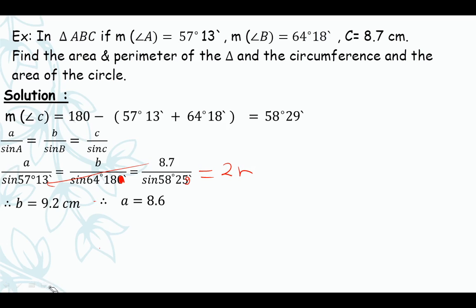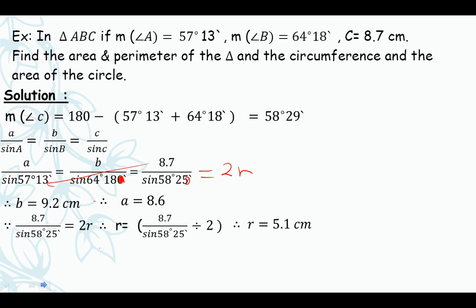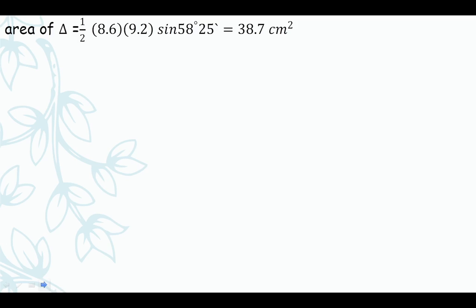You can see these steps again. Then the radius will be 5.1 centimeter. Also, the area of triangle ABC equals half multiplied by A multiplied by B sine angle C. And this rule, we have studied it before in first secondary, second term.